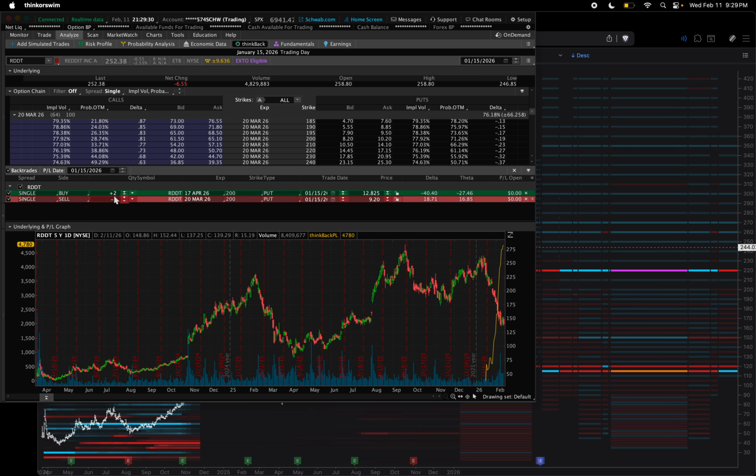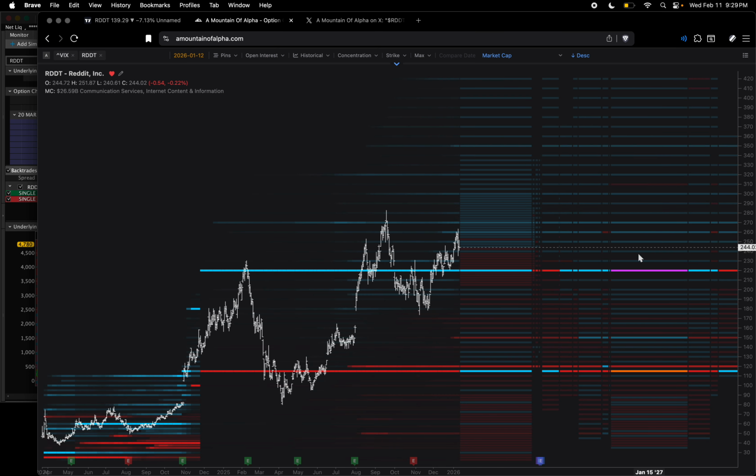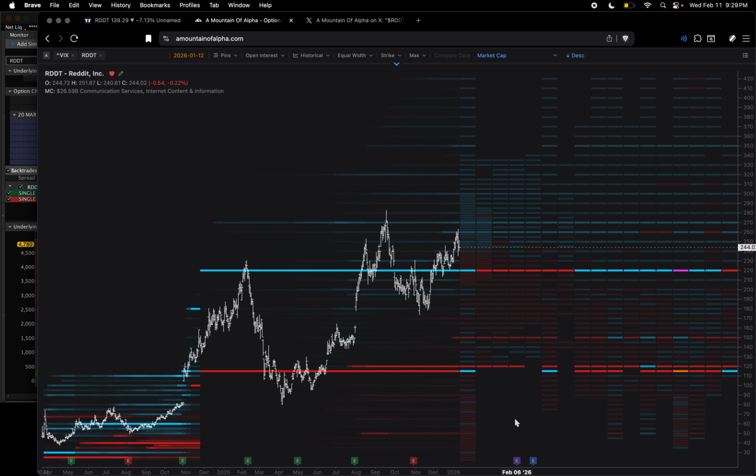That was a 1-to-1 diagonal. That's why. So here's a 2-to-1 diagonal, front month, back month, right? So we're buying the back month in April, selling the short month in March. Now, one way to do this as well is to trade this around a catalyst. Here, we have earnings on February 5th. At least that's what it says on there.